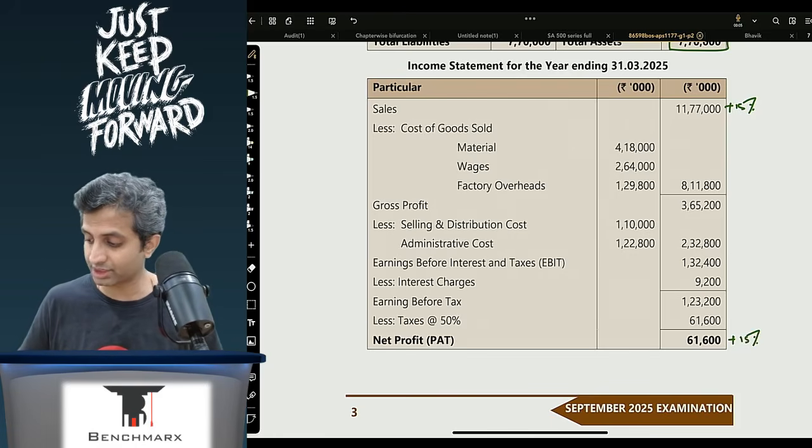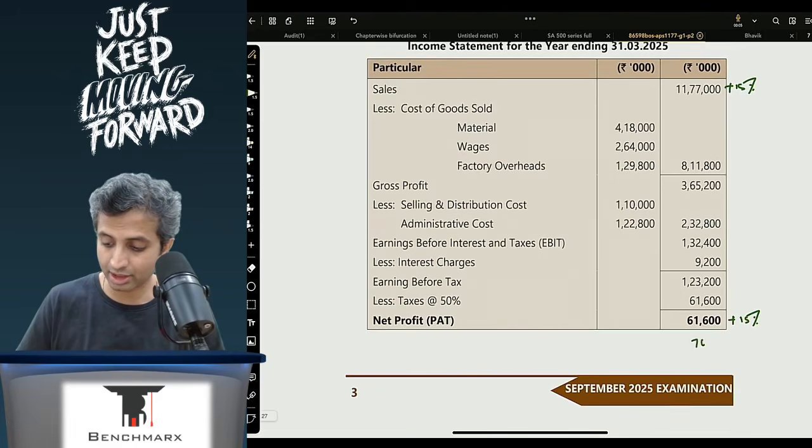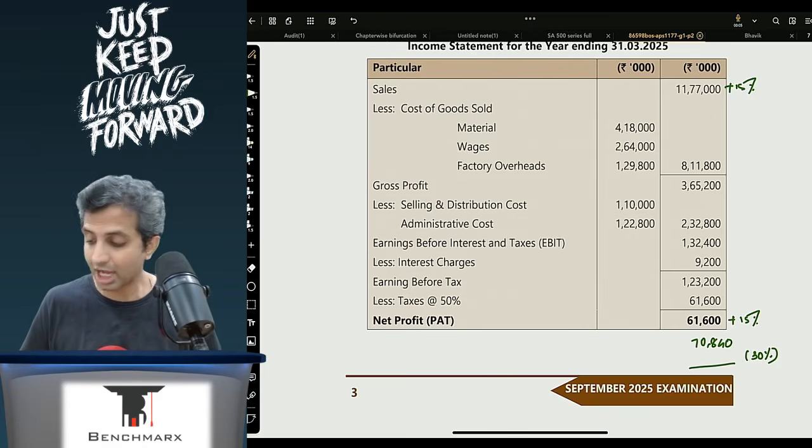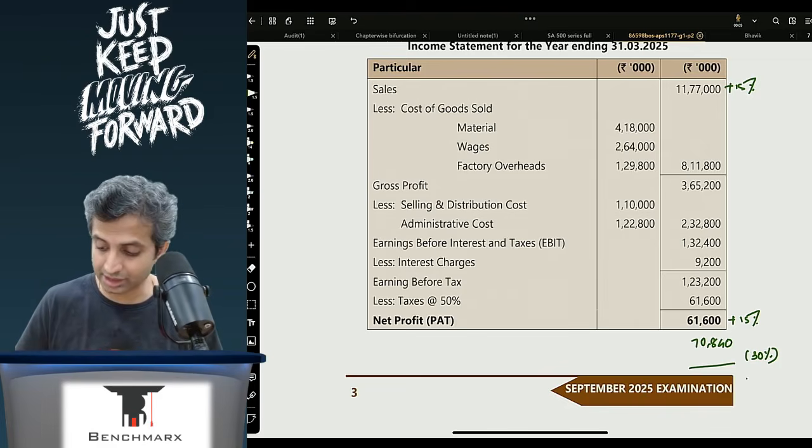So over here, 61,600 plus 15%, if I were to do, this is 70,840, out of which 30% will be given out as dividend, and hence the amount that you have for retained earnings is around 49,588.